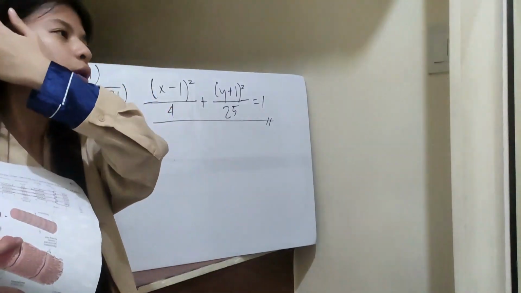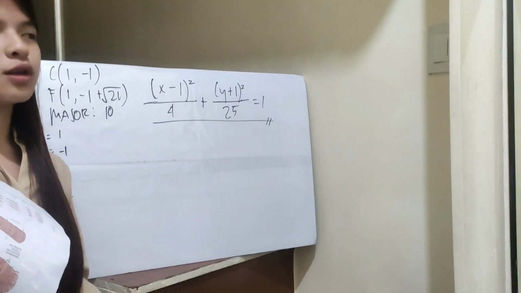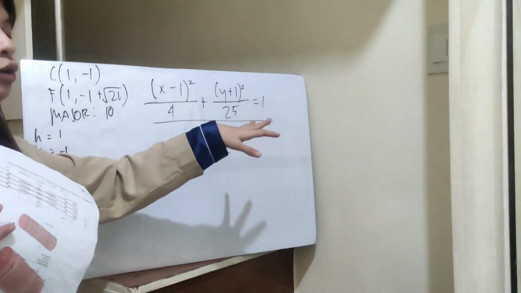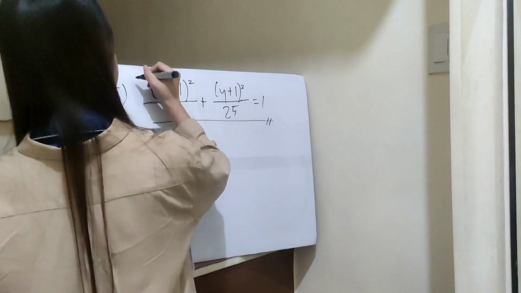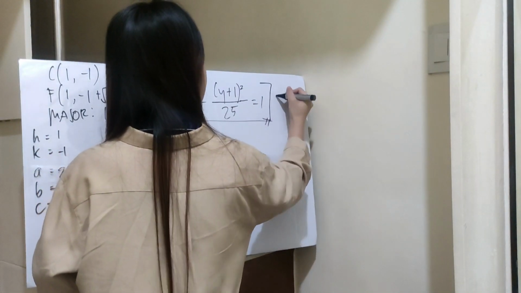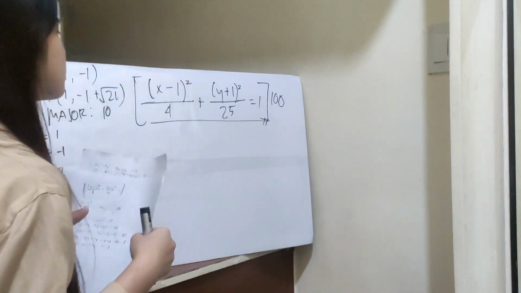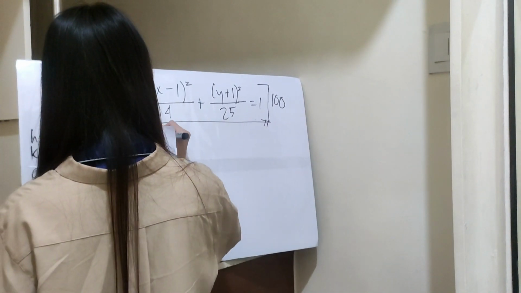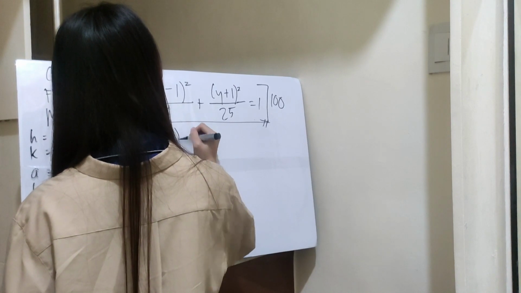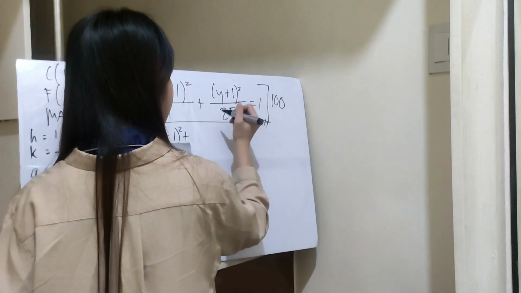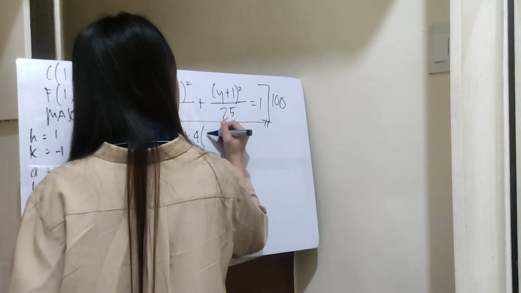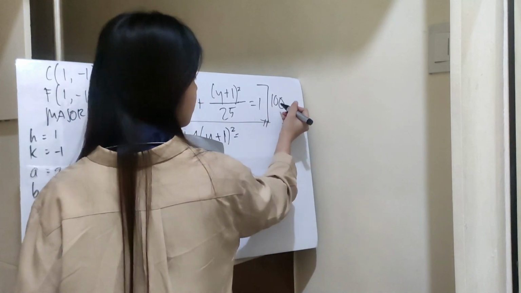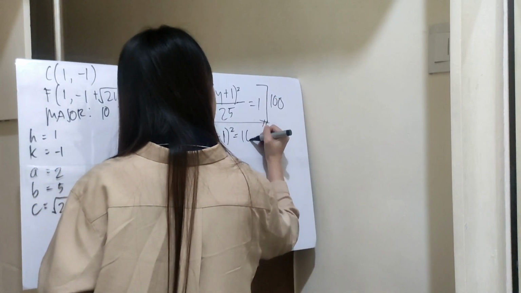Now I'll discuss how we can convert the standard equation into a general equation. First thing we'll do is find the LCD, the least common denominator of the denominators. So we have 100, and then next we will divide 100 by each denominator. So we'll get 25 times (x minus 1) squared plus 100 divided by 25, which is 4, times (y plus 1) squared equals 100, since we simply multiply 100 by 1.